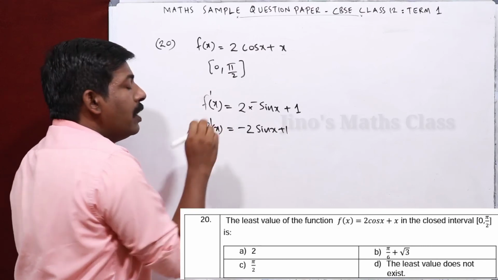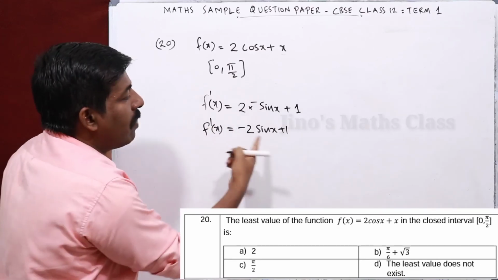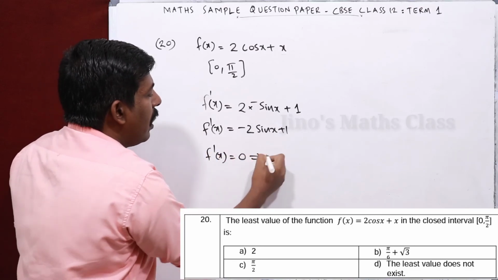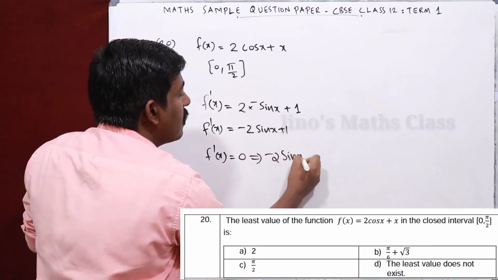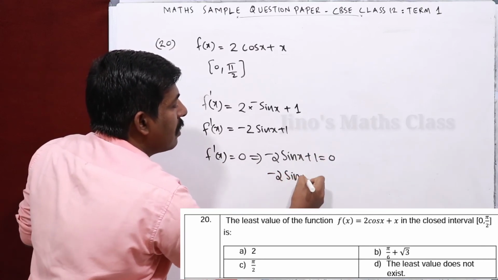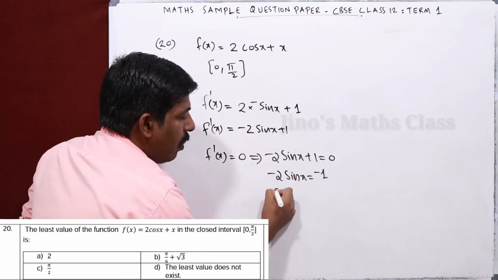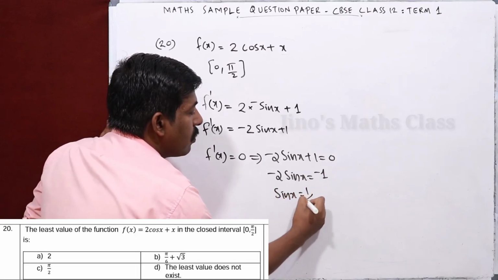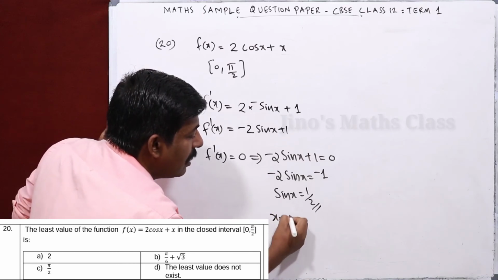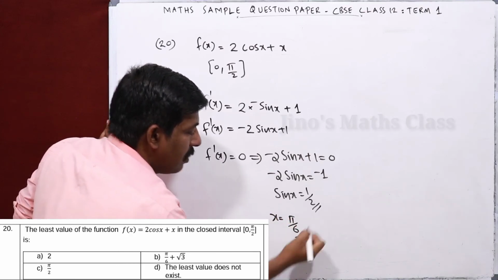After that we will equate f dash x equal to 0 and we will find the value of x. That means f dash x equal to 0 implies minus 2 sin x plus 1 equals 0, or minus 2 sin x equals minus 1, or sin x is equal to positive 1 by 2. That means x value is equal to 30 degree or pi by 6.